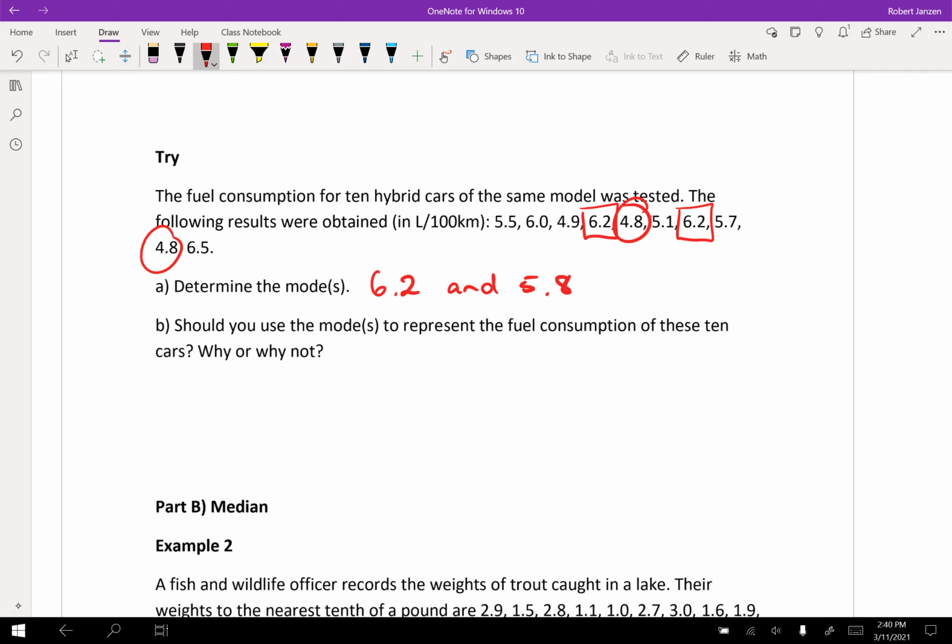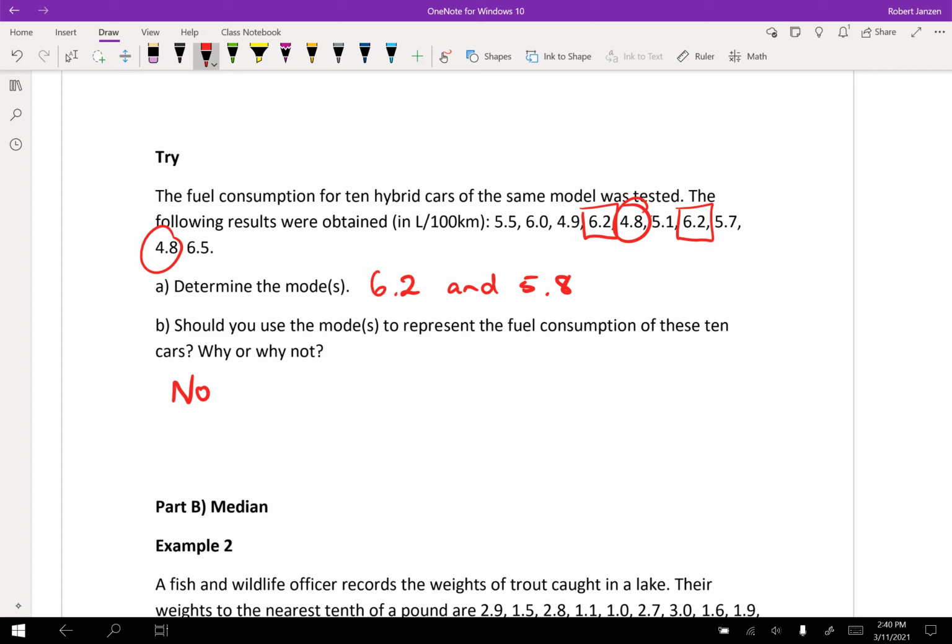Okay, should you use the mode to represent the fuel consumption of these 10 cars? No, I don't think so. I think it would make more sense to use the average here. This doesn't fairly represent all the cars just because that happens to be the numbers that occur the most often. A car with 4.8 has a real advantage. There's a difference between the 2 modes, so it wouldn't give the consumer the best information.